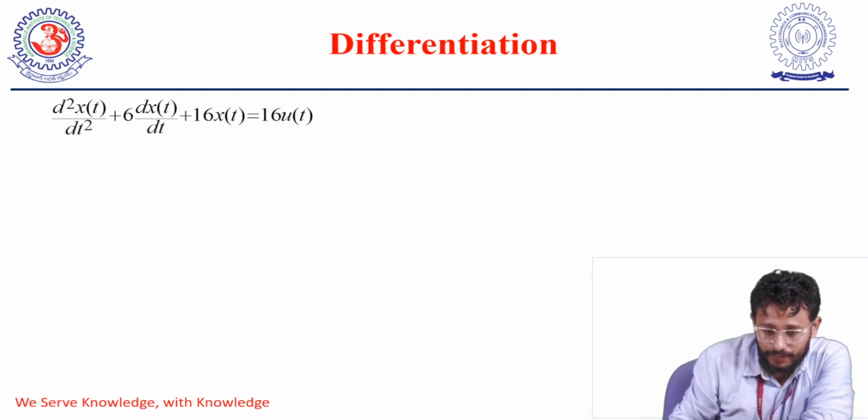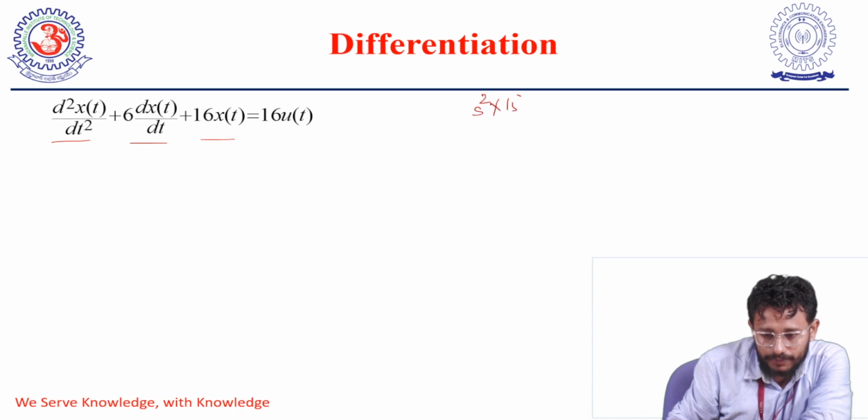Now for this, if I get a Laplace transform of this particular segment, say we are supposed to use the linearity property and solve them each and then add them together. Now for this particular expression, what we would be getting is s squared x of s minus s times the initial condition of x, minus x dash, initial condition of x.